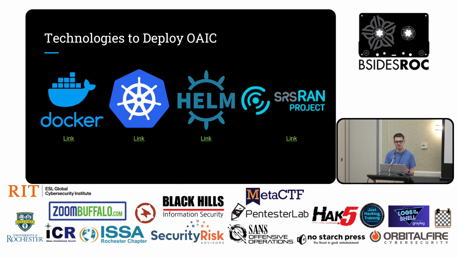We need them all logged in one place, and that's pretty much what Helm is responsible for. And then the SRS RAN project, that's really the simulation part. When you put all these things together, they focus on how we actually get this network up and running once we have everything together. So that's what the SRS RAN project is all about, putting everything together and making that network run.